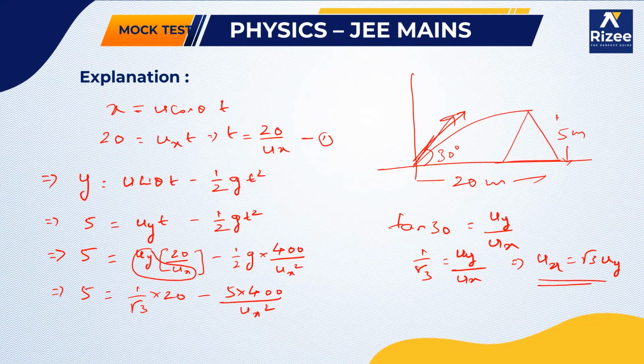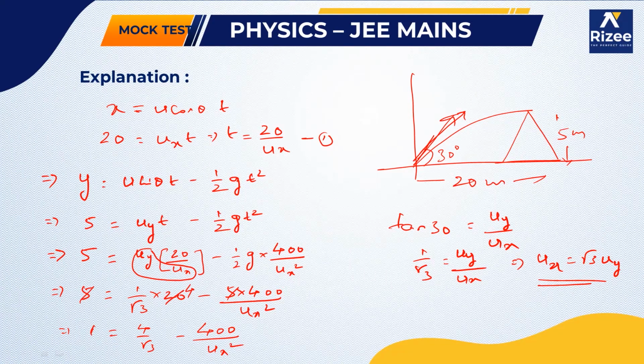From this we can determine the value of ux, or else you can remove the 5 here, since it cancels 4 times. So 1 is equal to 4 by root 3 minus 400 by ux square.